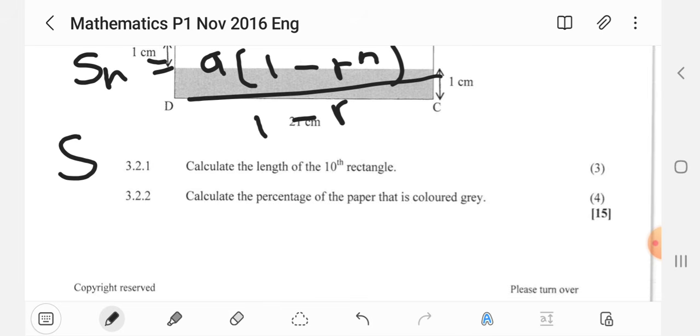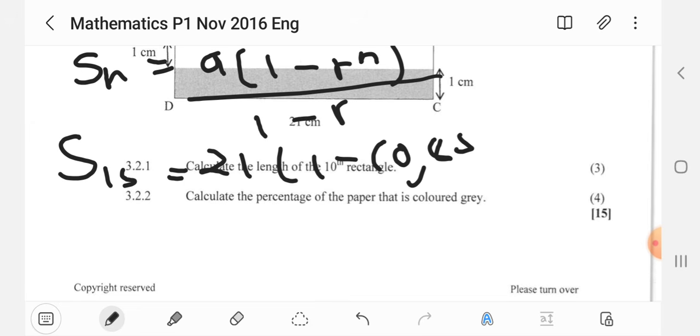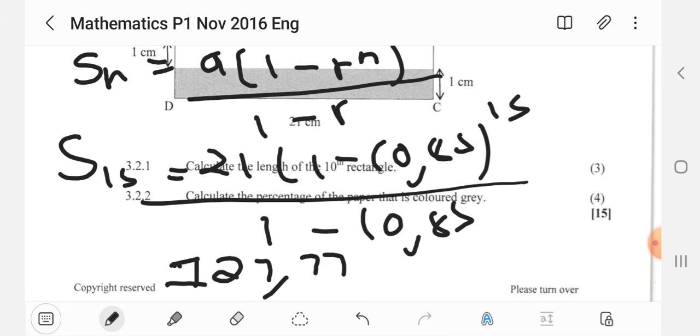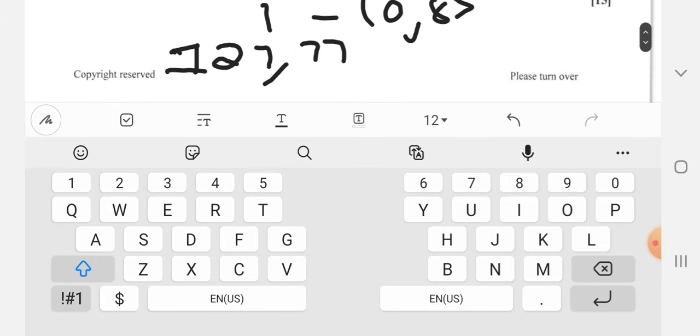So S15 equals 21 times 1 minus 0.85 to the 15, over 1 minus 0.85. So the sum of this will be 127.77. So that is the sum of this geometric sequence.